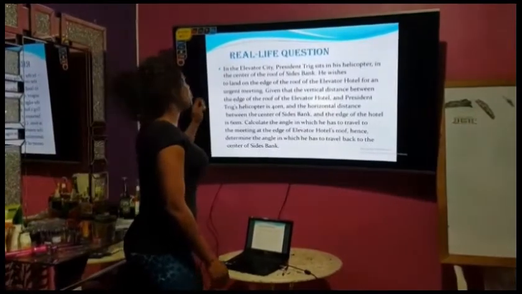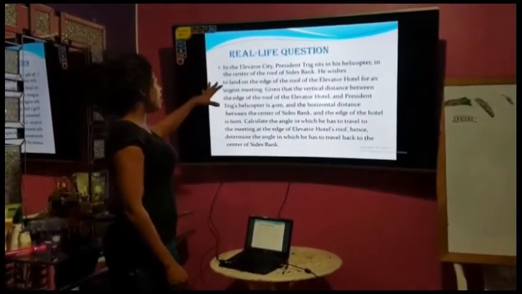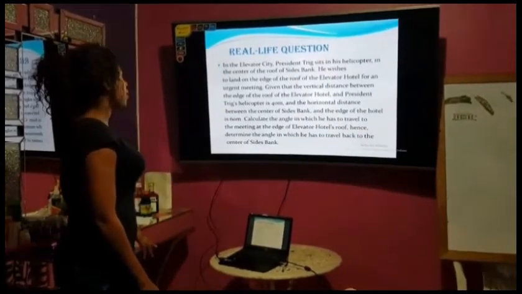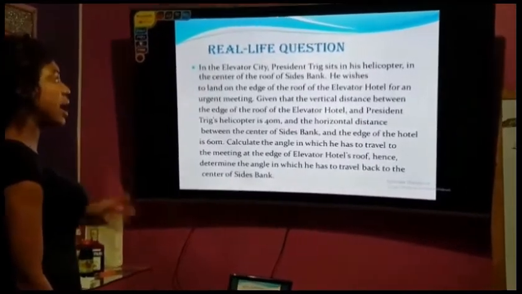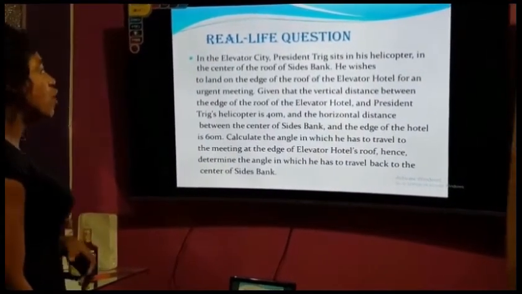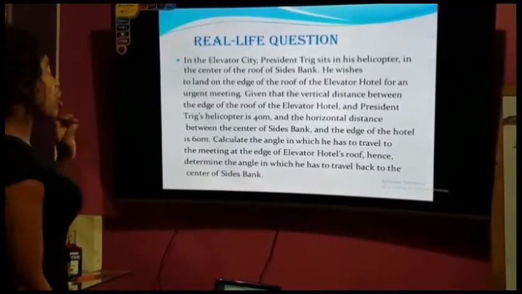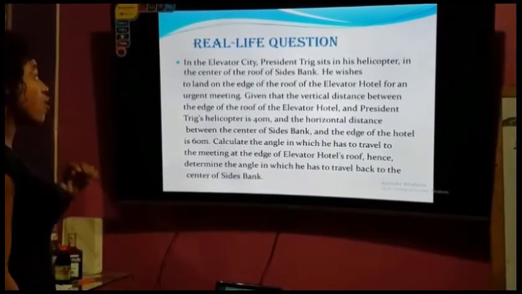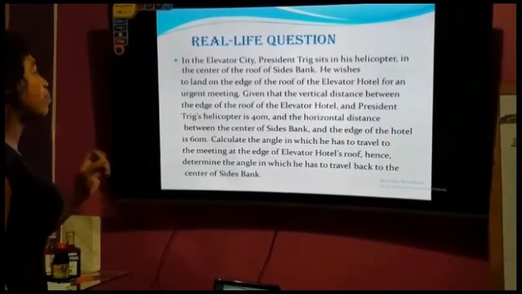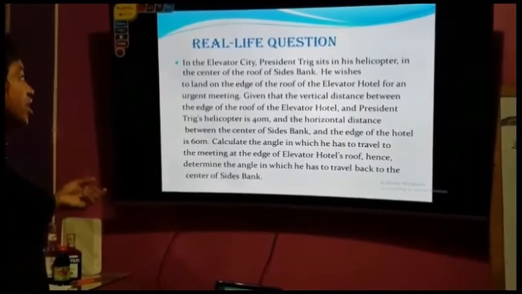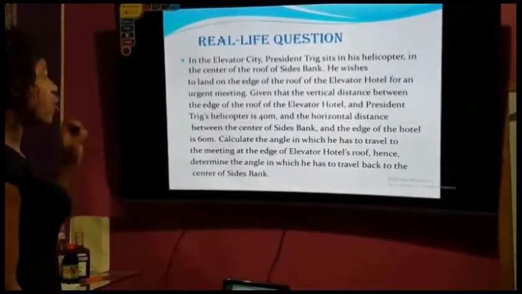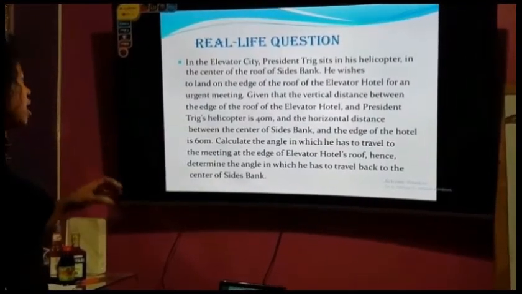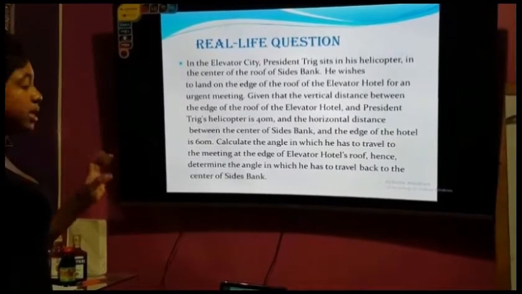Okay, so let's view this real life question. In the elevator city, President Trigg sits in his helicopter in the center of the roof of Sides Bank. He wishes to land on the edge of the roof of the elevator hotel for an urgent meeting. The vertical distance between the edge of the roof of the elevator hotel and President Trigg's helicopter is 40 meters, and the horizontal distance between the center of Sides Bank and the edge of the hotel is 60 meters.